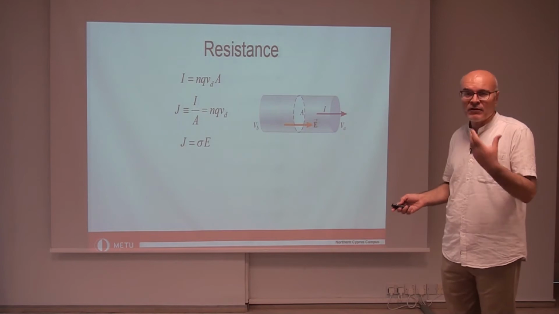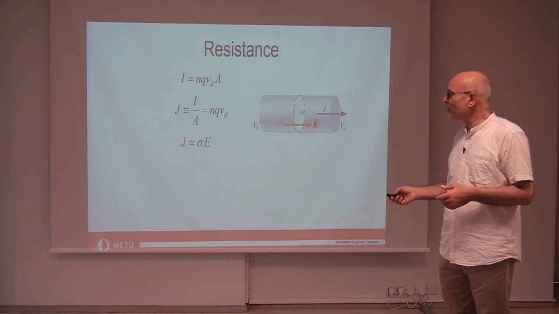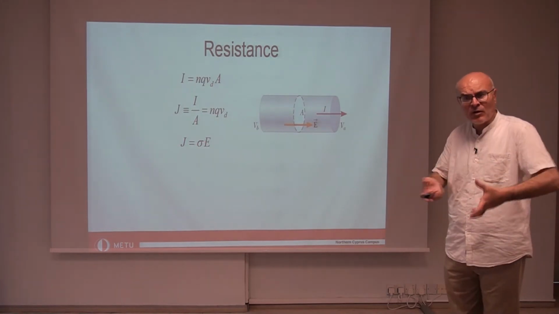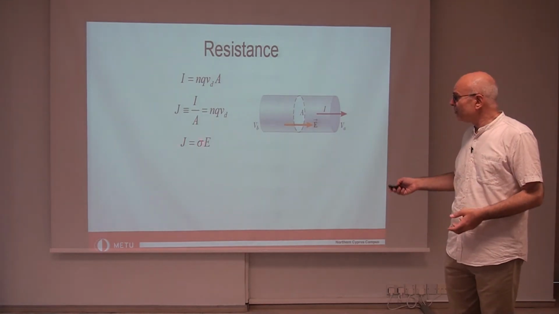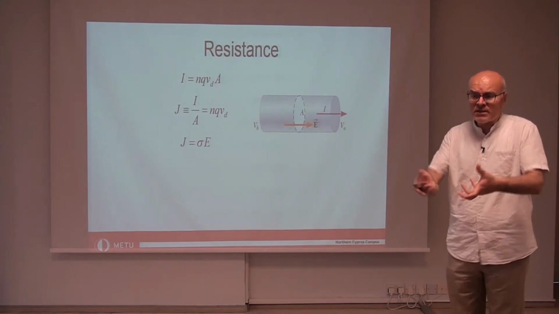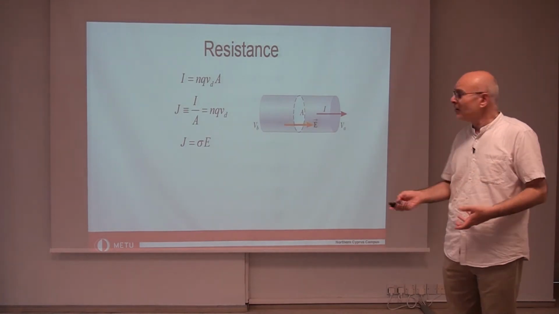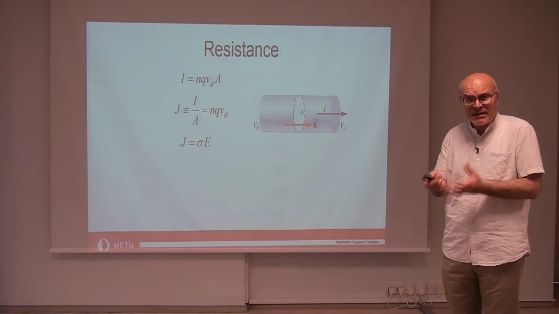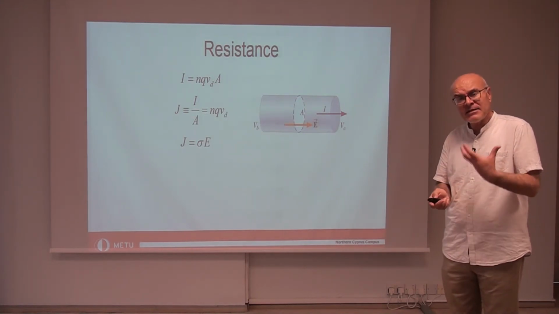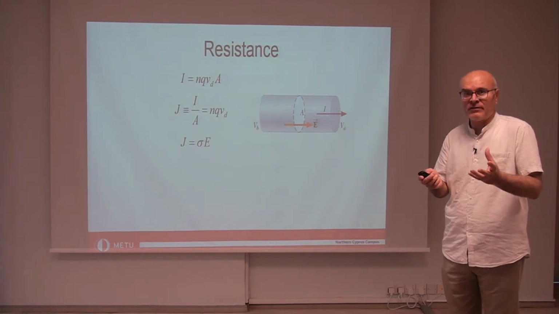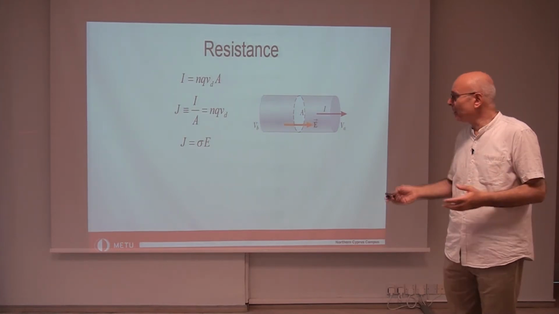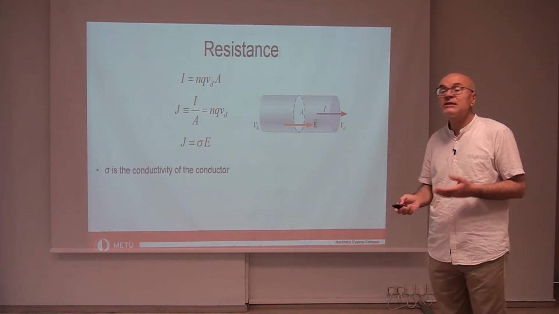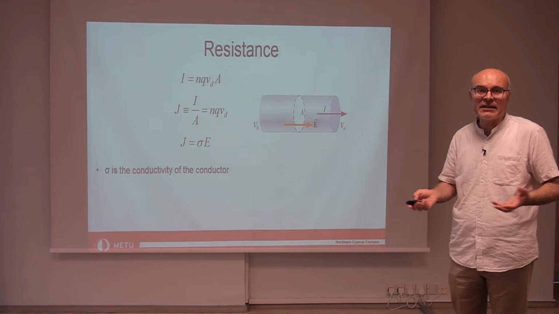We think of it in this way: your electric field is the trigger, you apply the electric field to the material, and the material responds by having a current generated there. What determines how much current will be generated is sigma. This quantity, sigma, is generally a function, a variable quantity depending upon how much E you have, and this is called the conductivity of the material.